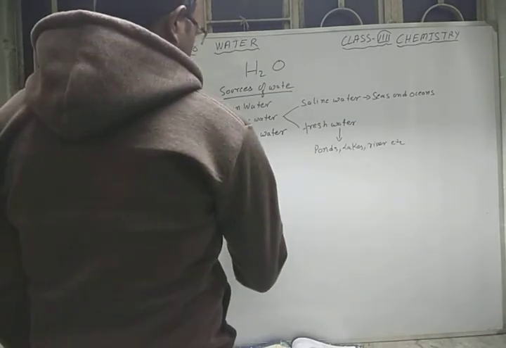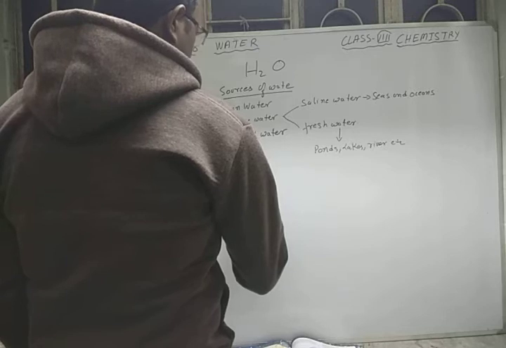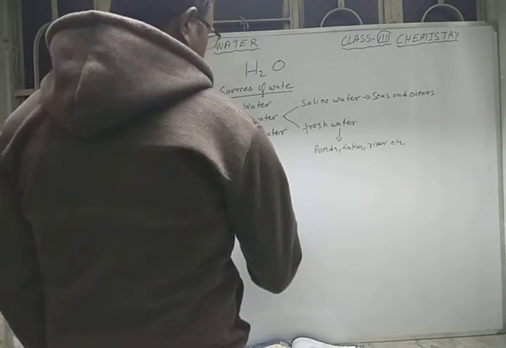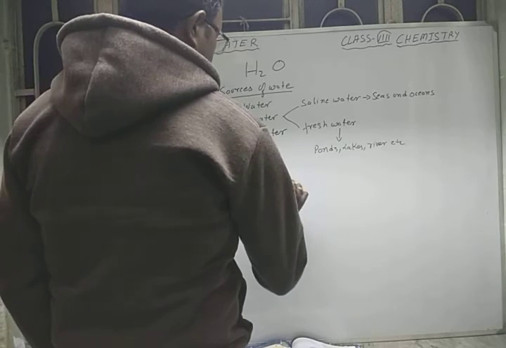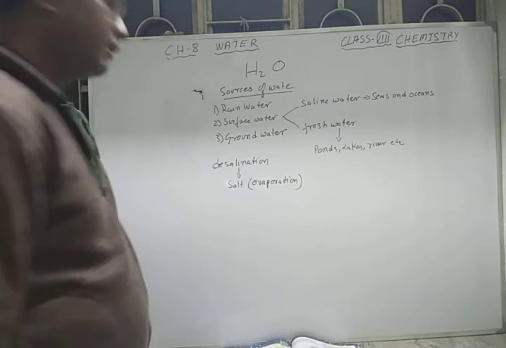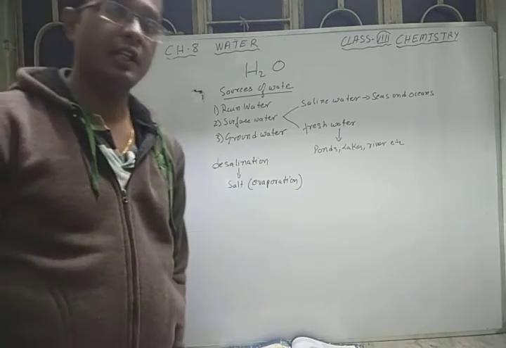To get salt from seawater, we do desalination by the process of evaporation. But during evaporation, we get the salt, while the water gets evaporated.